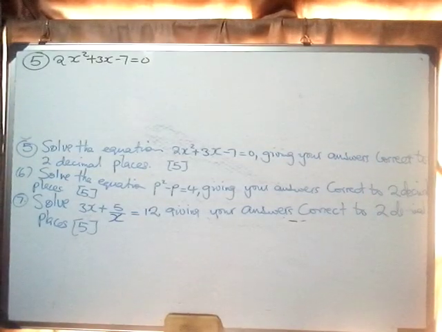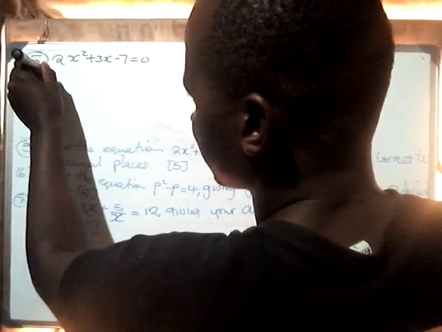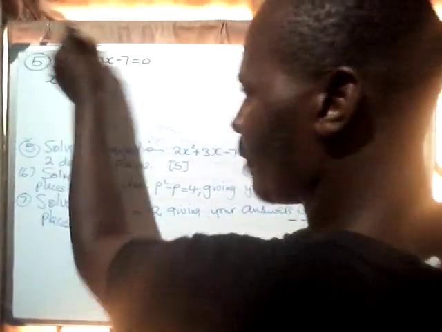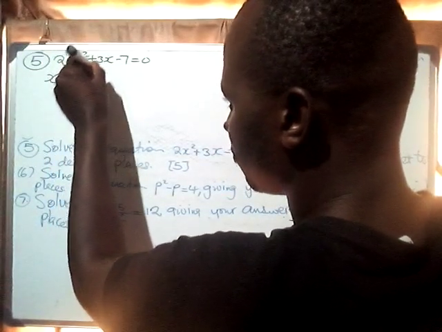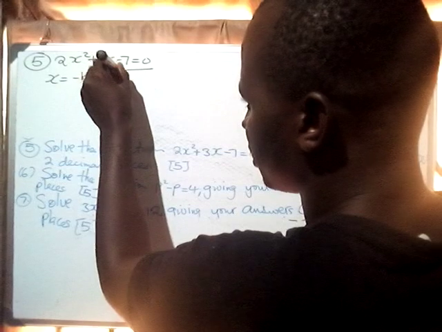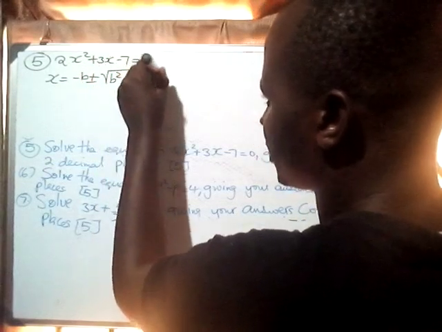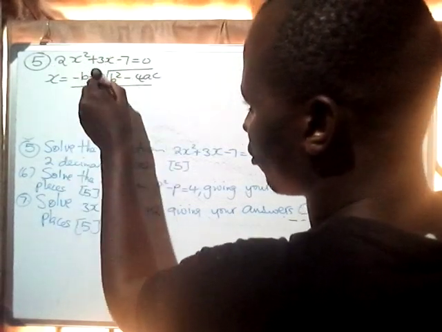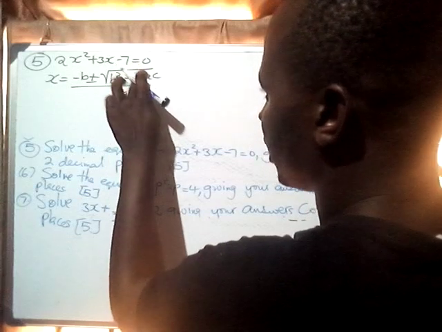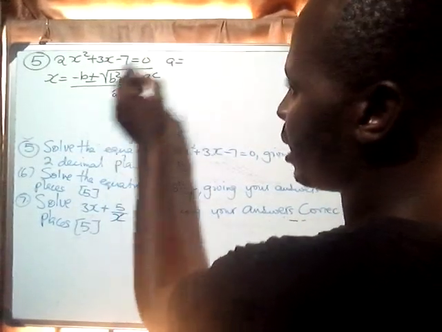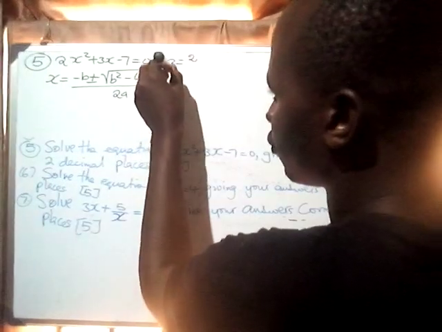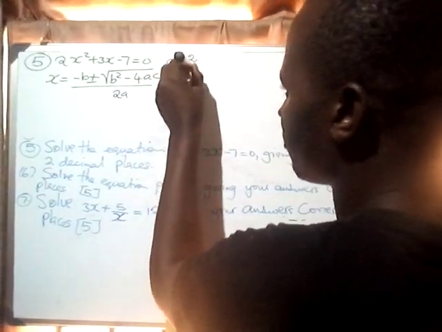For such a question, you have to use the formula. Since we are finding the value of x, we are going to say x is equal to -b plus or minus the root of b squared minus 4ac, everything over 2a. Which one is our a? Our a is 2. Our b is 3.